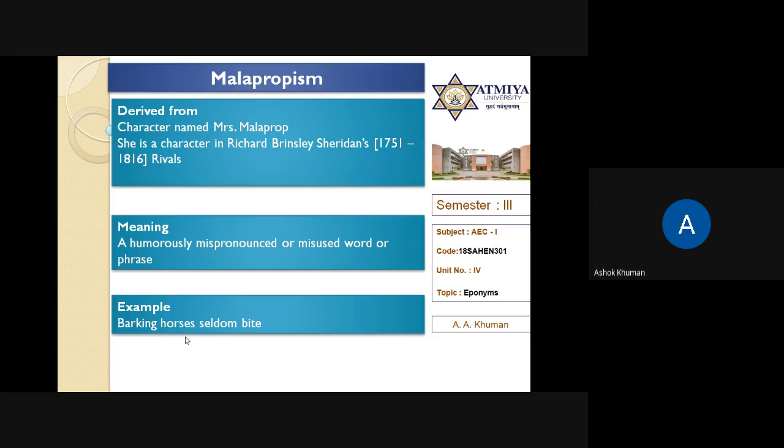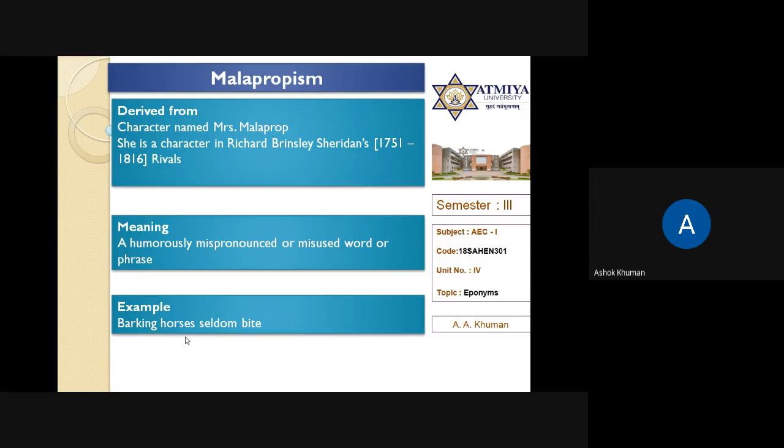So malapropism is that deliberately in your speech, in your oral talk or in writing, you misplace the word or you mispronounce the word or you misspell the word. That means malapropism. See the example: barking dogs seldom bite. So there should be dogs, but instead of dog, horse is used.